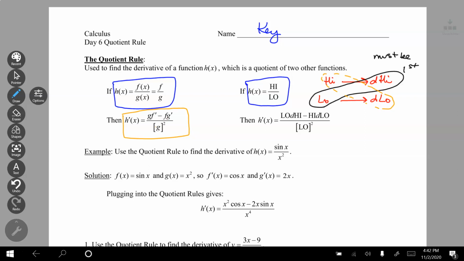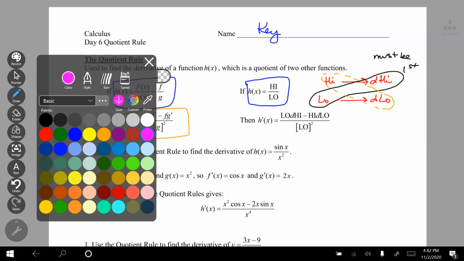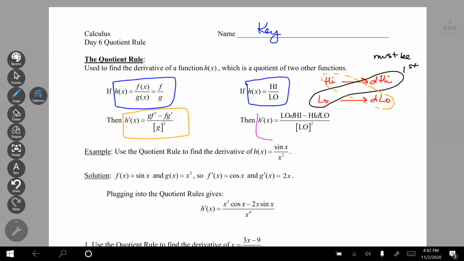They're all divided by the denominator squared, or what we call low derivative of high minus high derivative of the low over the low squared.